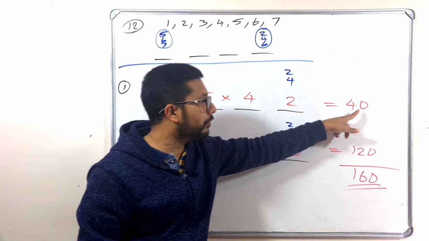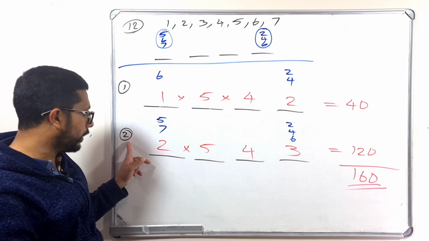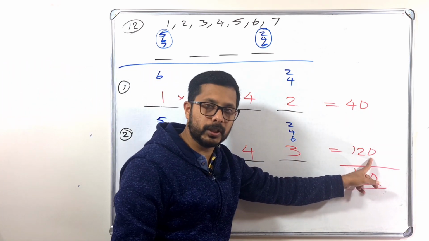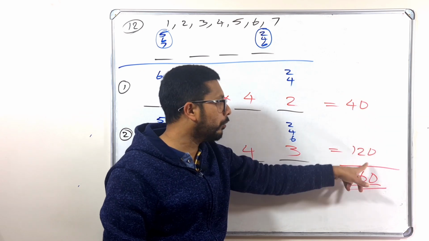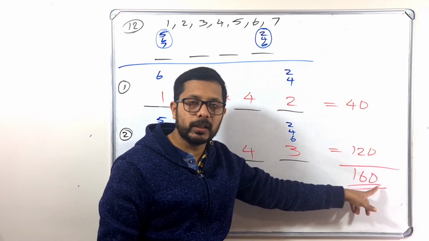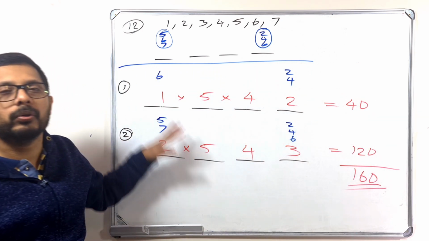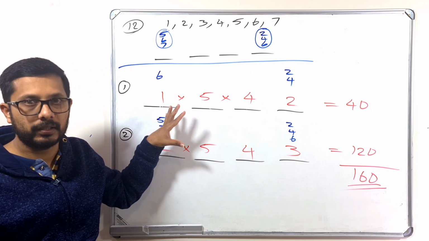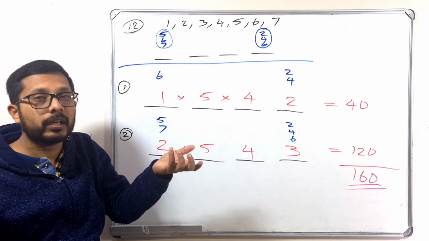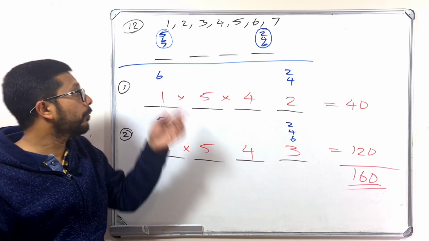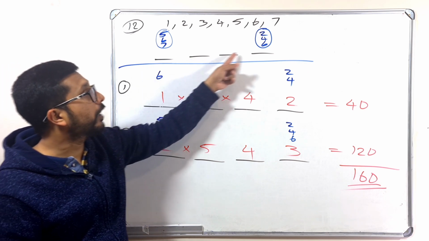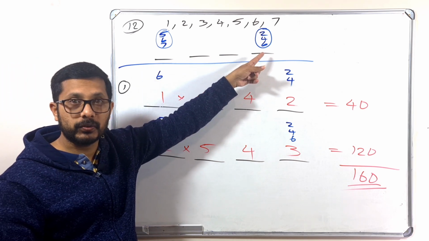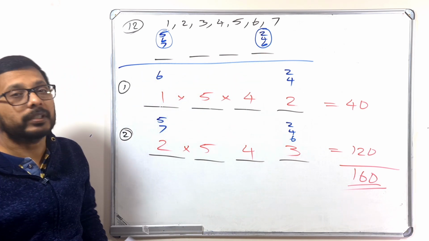Here in the first case 40 options, in the second case 120 options. That means total 160 options according to that condition. That means different 160 passwords I can make. So that is question number 12.